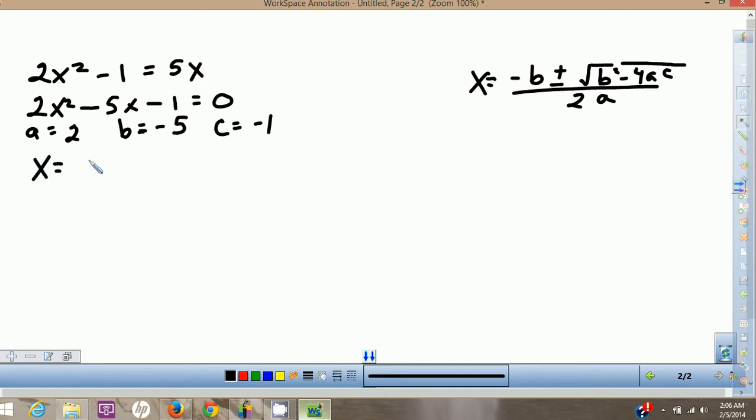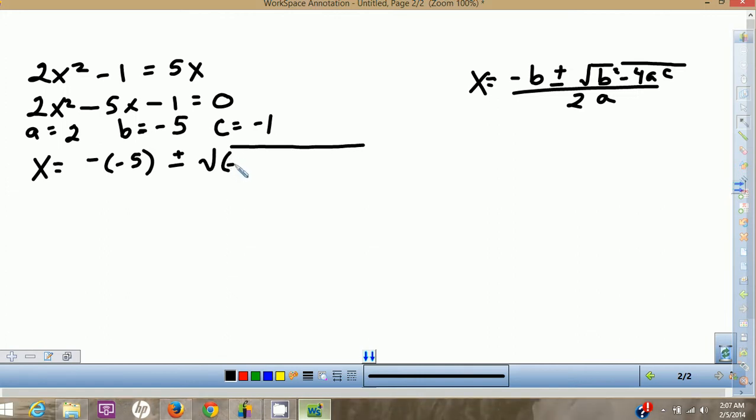The first thing we have is opposite b, so we have a negative 5 that goes in for our b term, plus or minus the square root of b squared, negative 5 in parentheses squared, minus 4ac, so minus 4 times 2 times negative 1. All of that is over 2a, so 2 times the coefficient of x squared, which is 2 times 2.